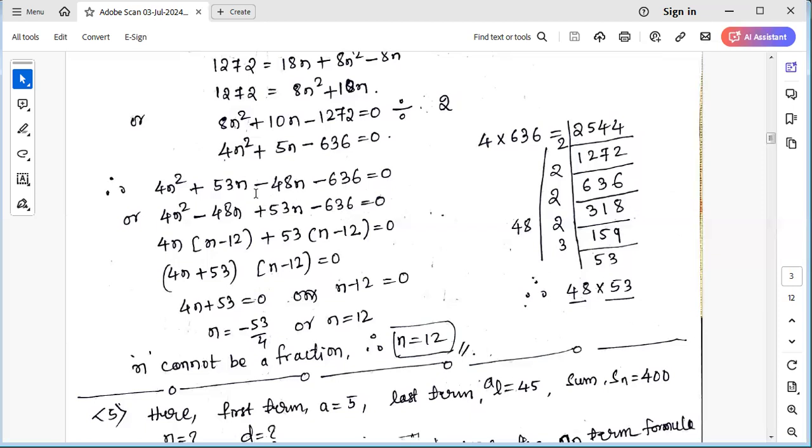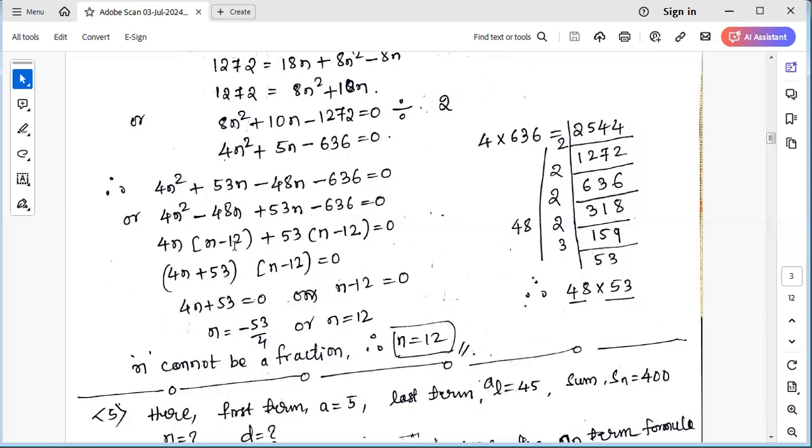And now you just rearrange the terms. You take 48n to this side and 53n to this side. It becomes 4n square minus 48n plus 53n minus 636 is equal to 0. Here you take 4n common. So from this n is left, minus, and here what is left is 12, because 12 fours are 48.